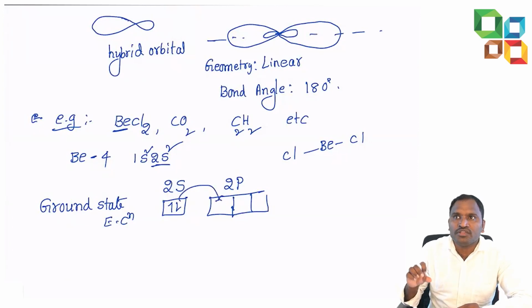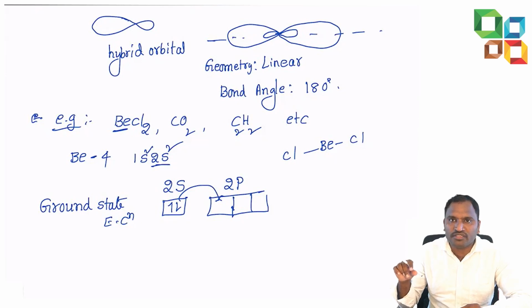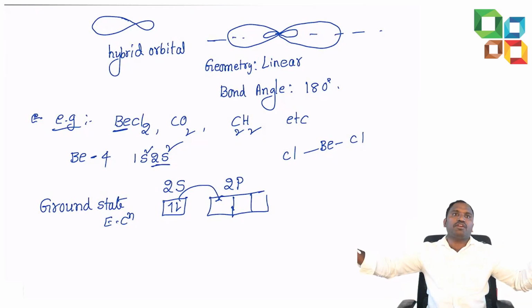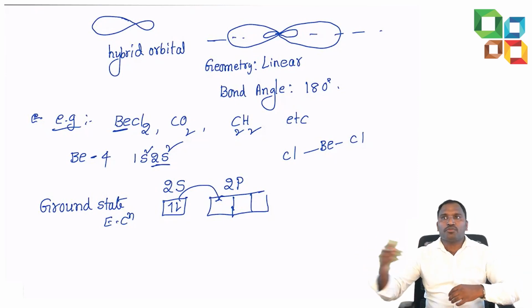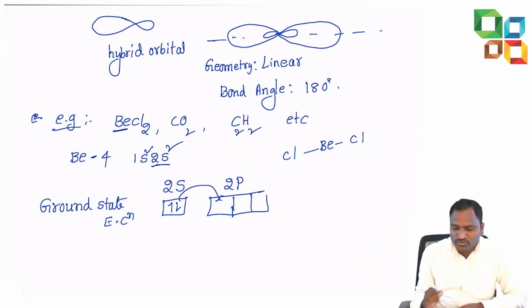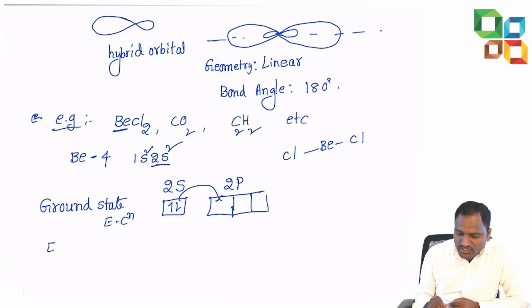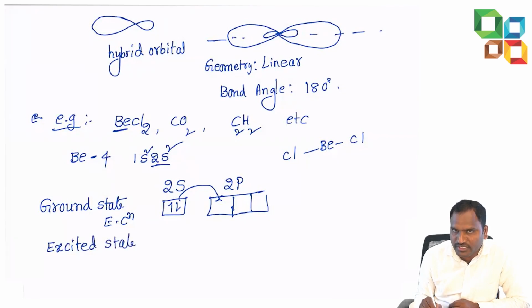That is possible because they are slightly different in energies. In the definition I mentioned: slightly different in energies. If the energy difference is very high, the electron cannot be promoted. So if you give energy and unpair the electrons, that is called the excited state, a higher energy state.